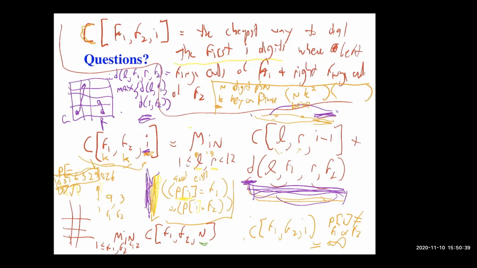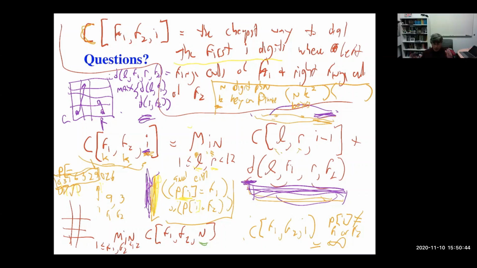Wait, Professor, could you explain again why it's n times k squared? Okay, the dynamic programming table typically will be a matrix. In this case, it's a three-dimensional matrix because I've got 3 arguments, where the first one specifies what key my left finger is on. The second one specifies what key my second finger is on. The third one specifies how far I am in the phone number so far.